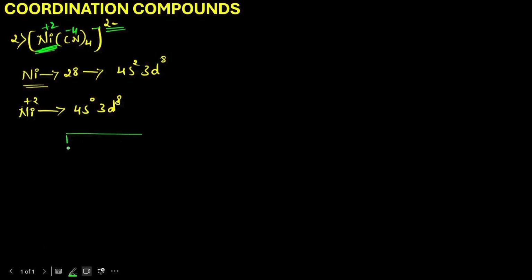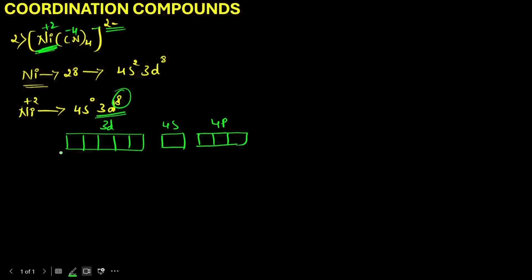Now we will write the orbitals: this is the 3d orbital, here we have 4s and here we have 4p. How many electrons are there in the 3d orbital? 8 electrons.